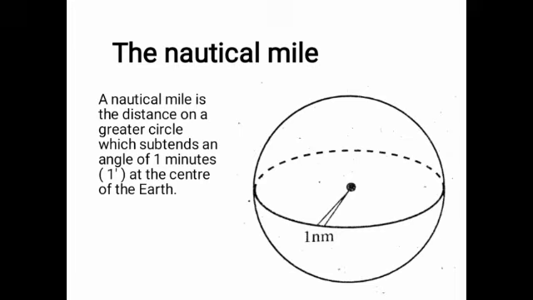A nautical mile is the distance on a great circle which subtends an angle of 1 minute at the center of the Earth. The diagram on the right side demonstrates exactly what that statement is saying. It subtends an angle at the center of the circle which is exactly 1 minute.